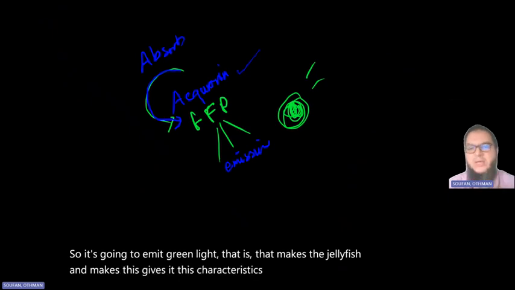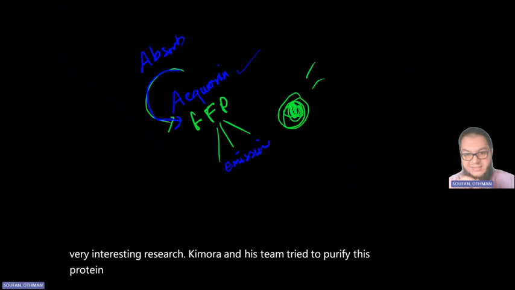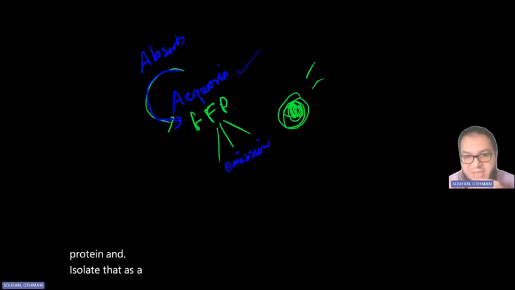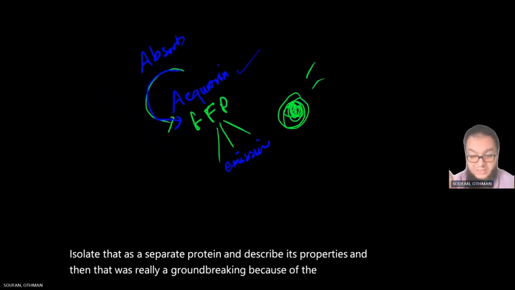So anyway, it was very interesting research. Shimomura and his team tried to purify this protein and isolate it as a separate protein and describe its properties, and that was really groundbreaking because of the potential.